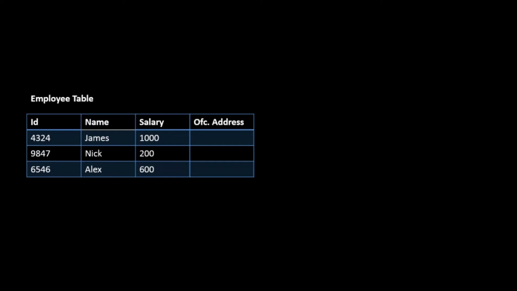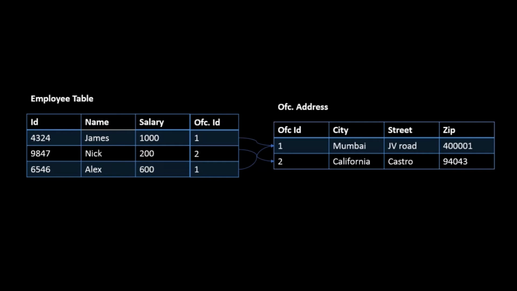But address is a composite attribute, which means that it is composed of more than one attribute like city, street, zip, country, etc. And relational databases don't support complex attributes, which means that you can't store multiple atomic attributes in a single column. So what you can do is break out the components of the composite attribute into a separate table. This is how we generally store data in a relational database.